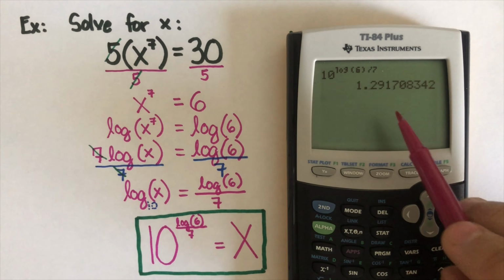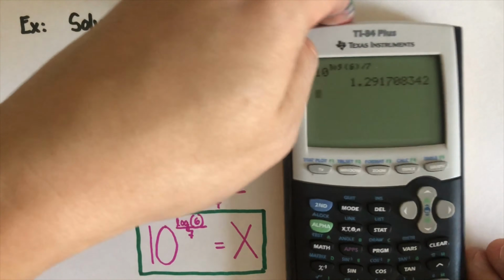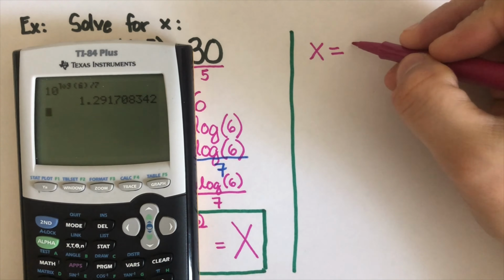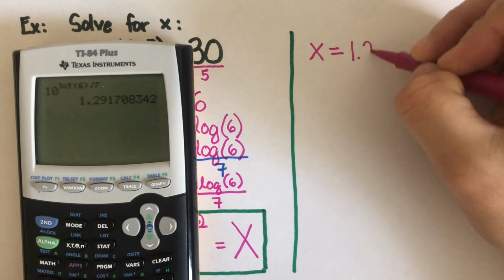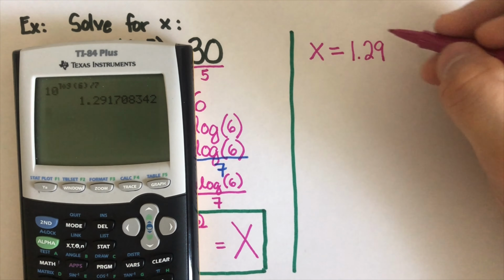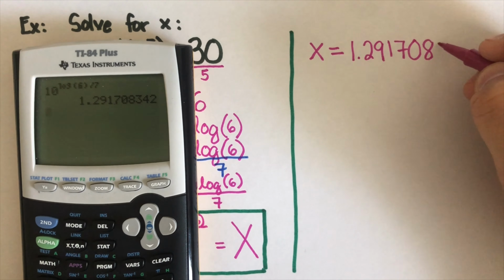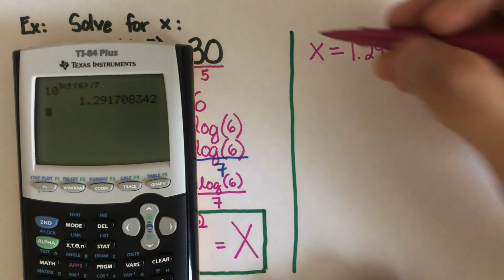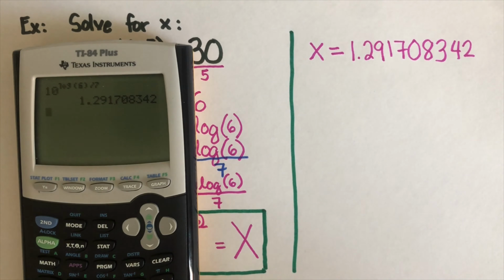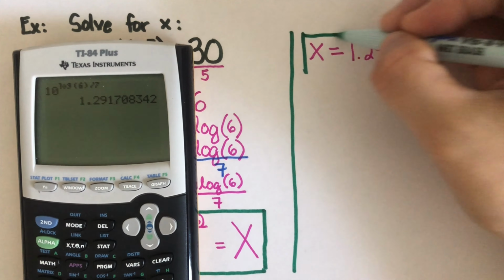And this is the value for x. That would be 1.291708342. So this is the other value for x.